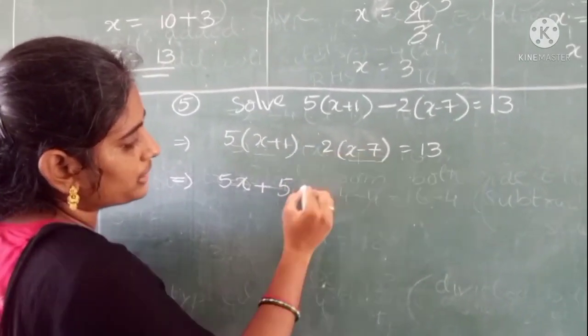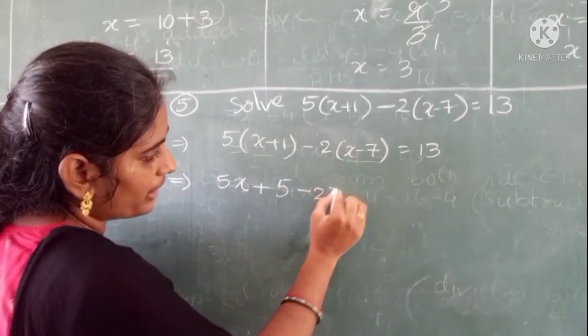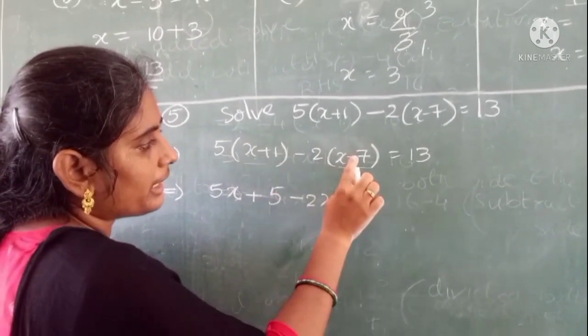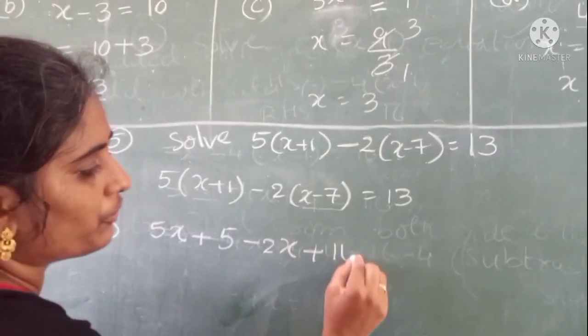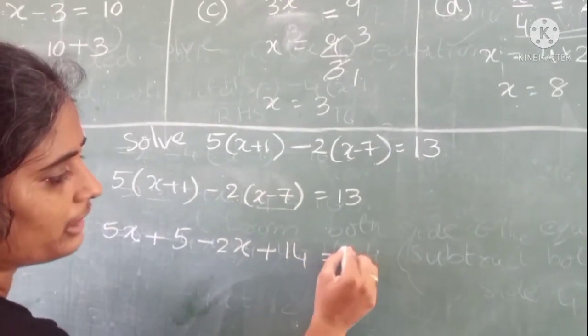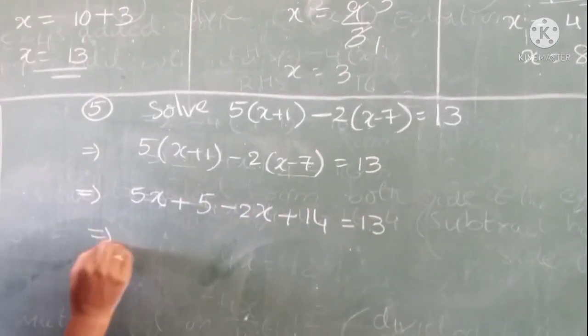Minus 2 into x, minus 2x, minus into minus plus, 2 into 7, 14, equals 13.